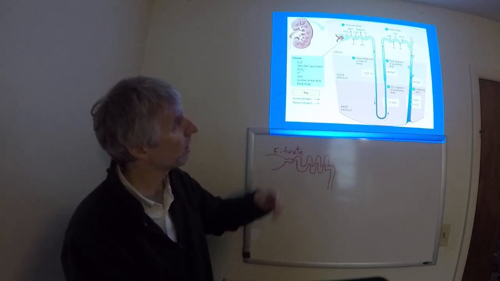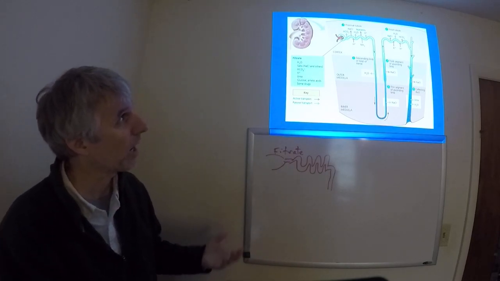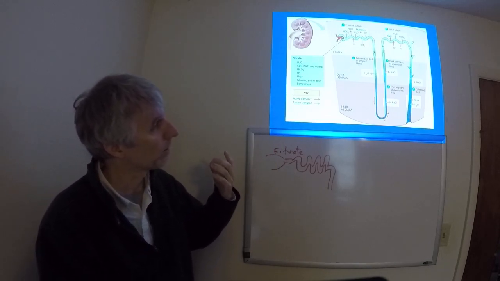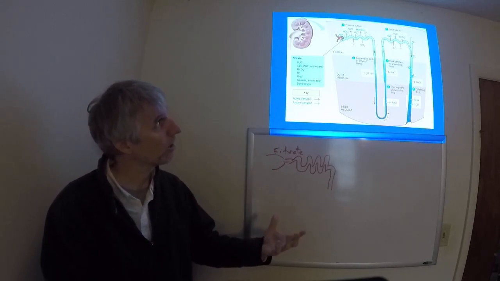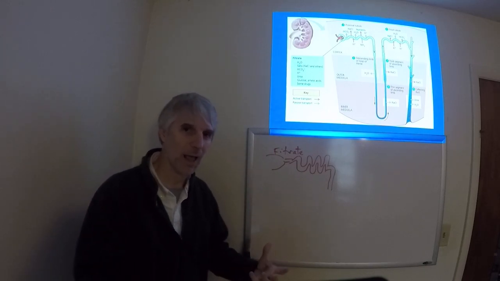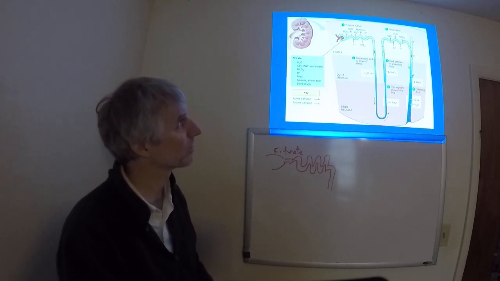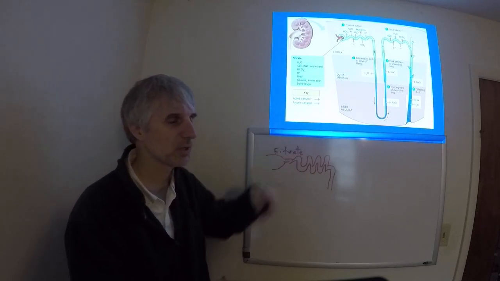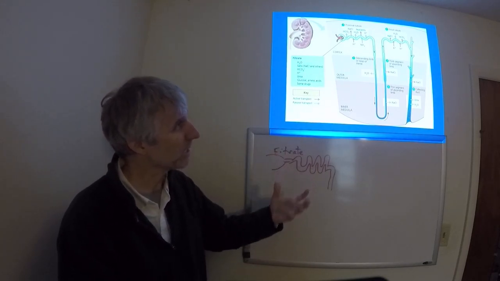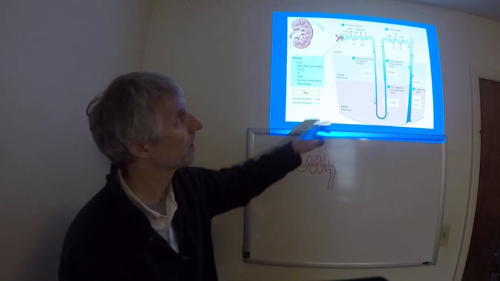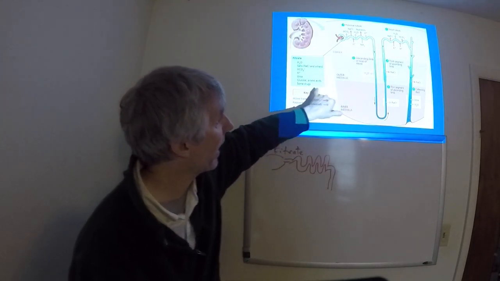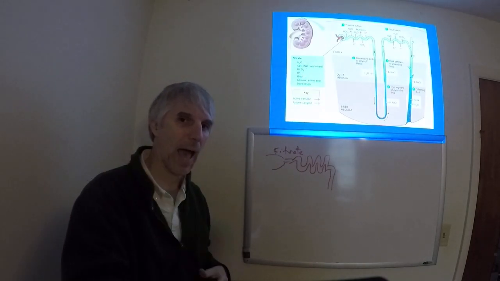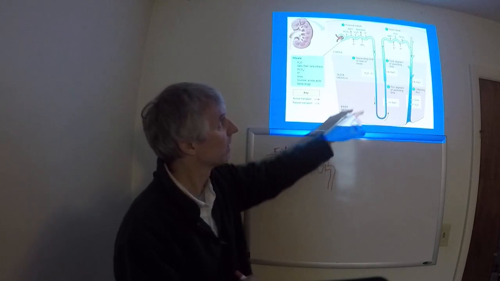Okay, so if we look up at the top here, the proximal tubule has associated with it these red arrows and these lilac arrows, right, purple arrows. The red arrows represent active transport, which means there's an ATP cost to moving sodium chloride out of the filtrate and back into the body.